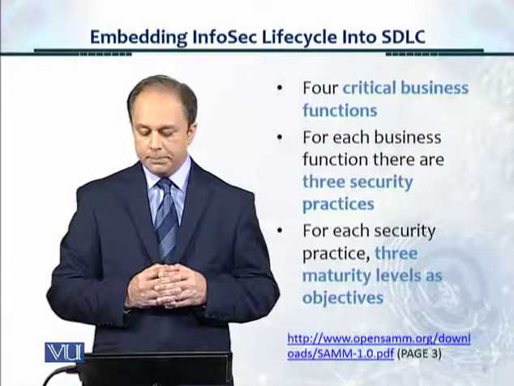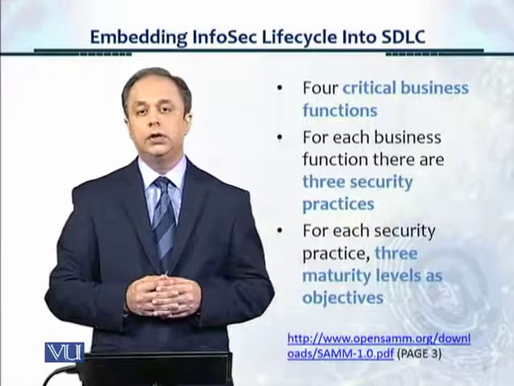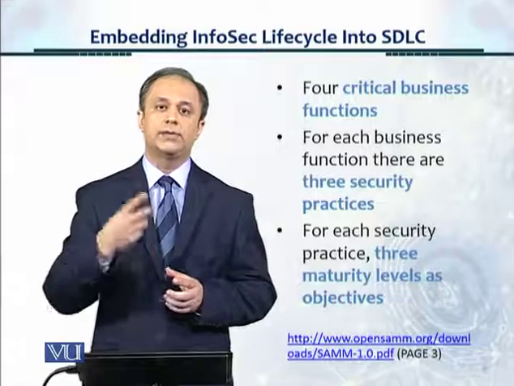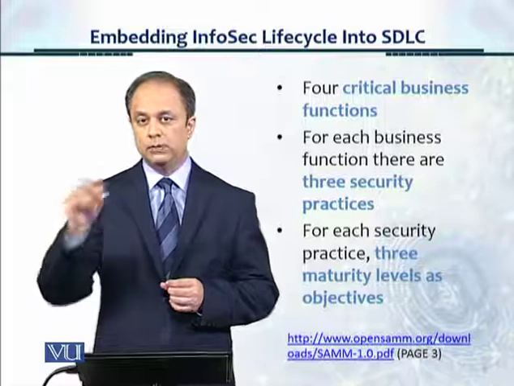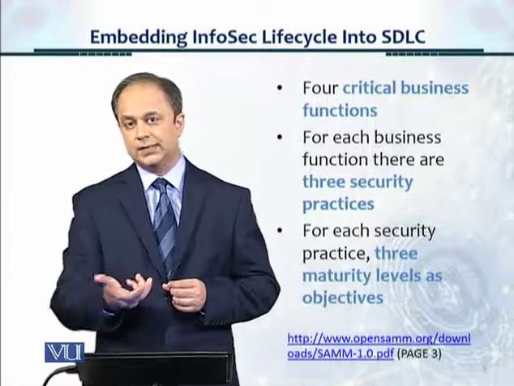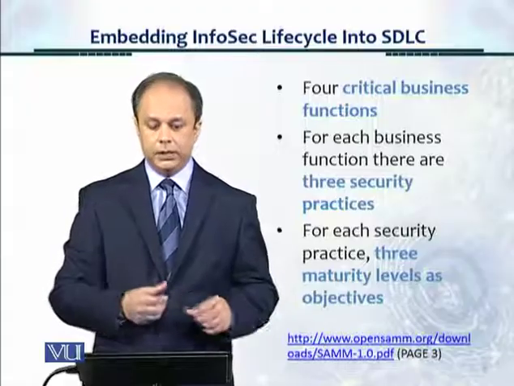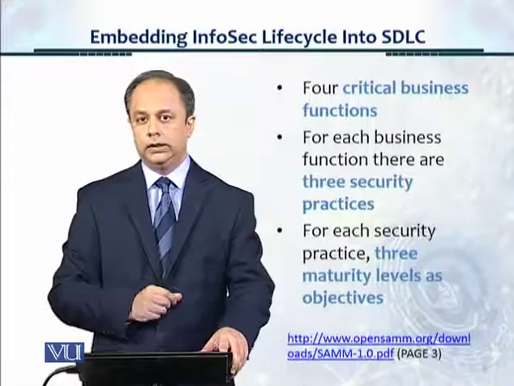For each business function, there are 3 security practices. And for each security practice, there are 3 maturity levels as objectives, and this actually gives you a method to assess. There's a checklist and a scoring mechanism, and you can really assess your software security posture and give it a number, or rate the maturity level.